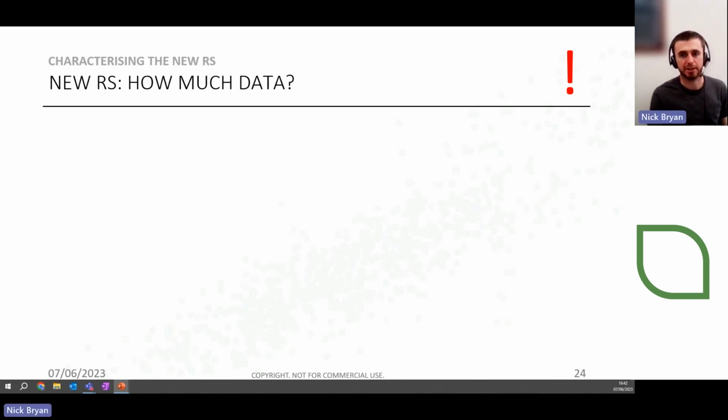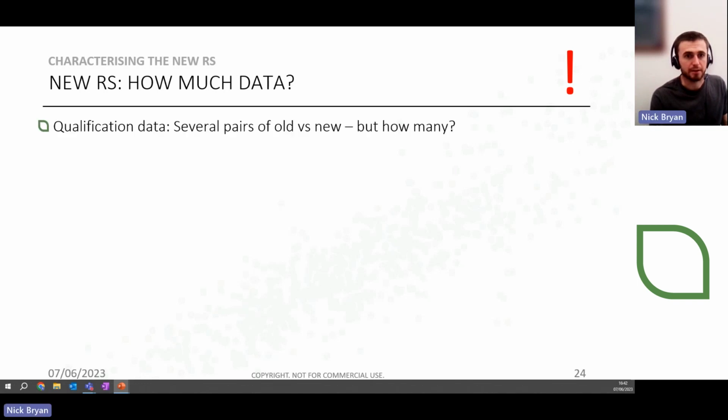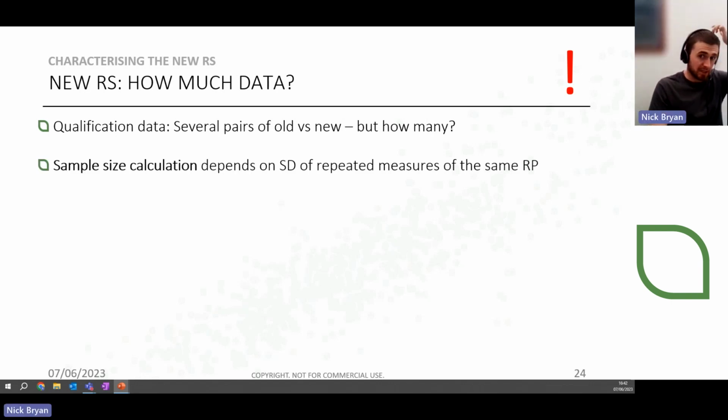We'll need to generate some new qualification data in a specifically designed study, and we're going to have pairs of test samples of the new batch versus the old batch. So we're going to have to do some sample size calculations, and this will depend on the standard deviation of repeated measures of the same relative potency. In other words, this new reference standard batch repeated multiple times.